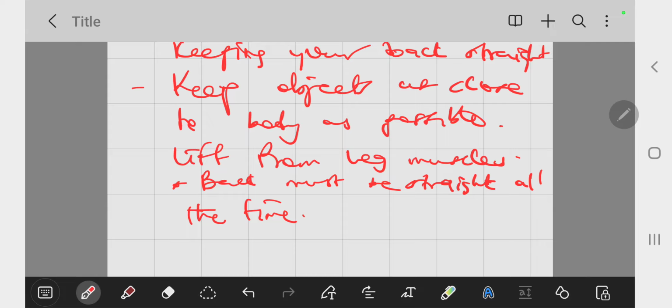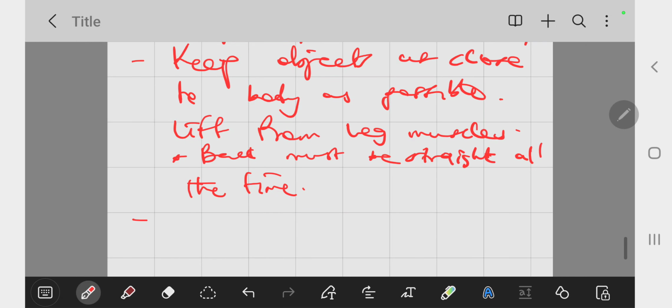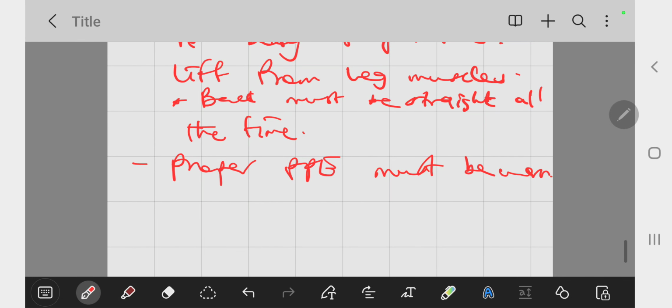And then just make sure that you wear the correct PPE. Proper PPE must be worn. So that was one of the most common broad classifications of PPE and how you can use it.